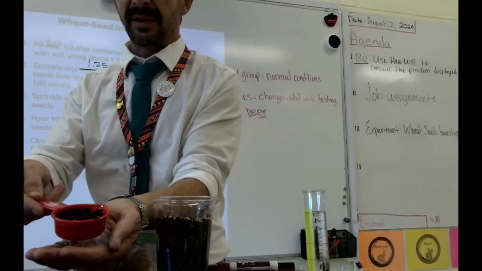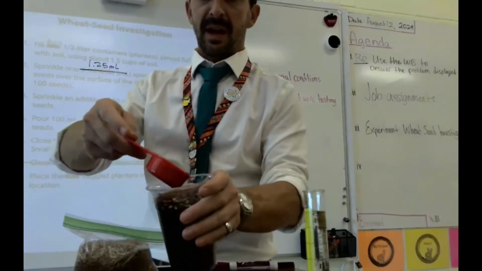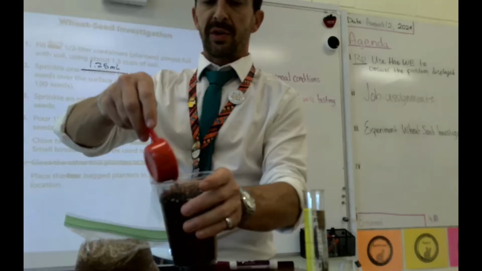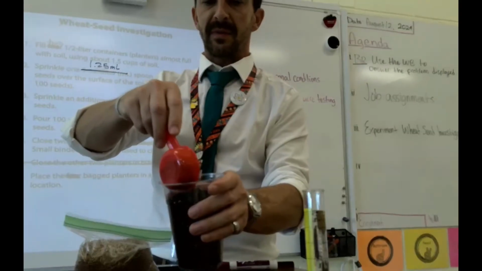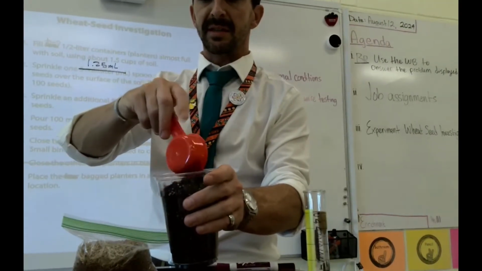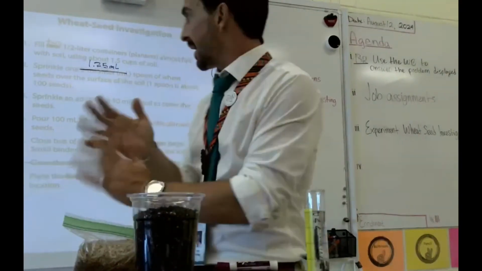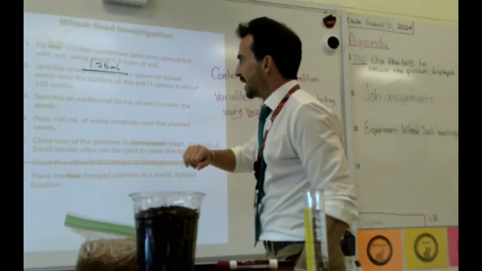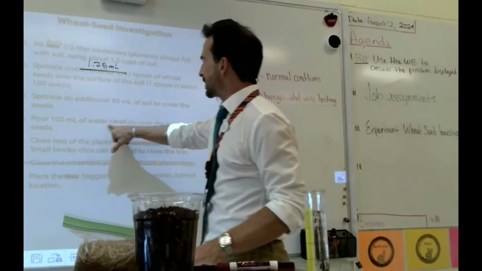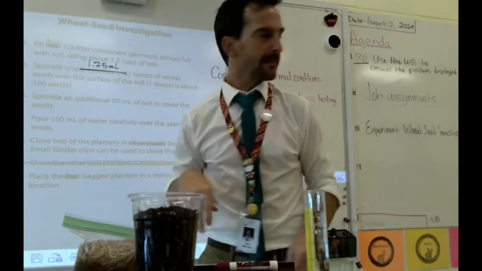This is not very scientific, but this topsoil doesn't need to be an exact amount, so this is okay. All right, so I have a little less than 60 milliliters, so hopefully that's about 50, and we will sprinkle this just over the top of the seeds just so they kind of get a nice covering of topsoil.